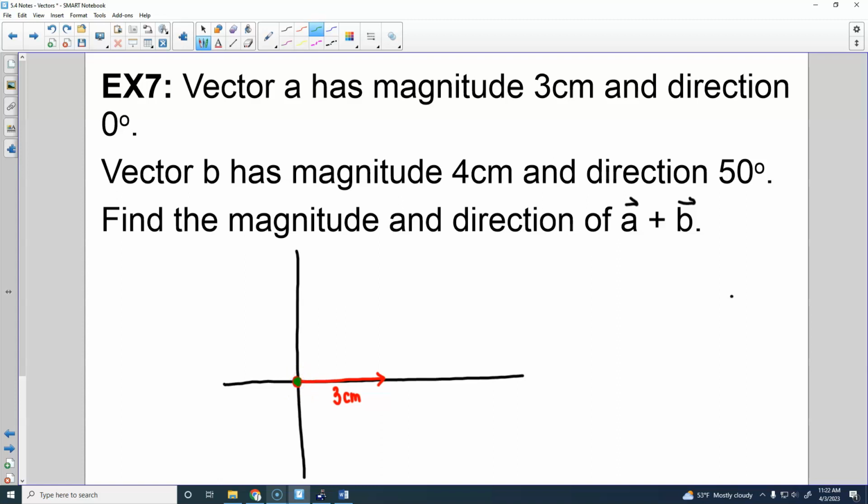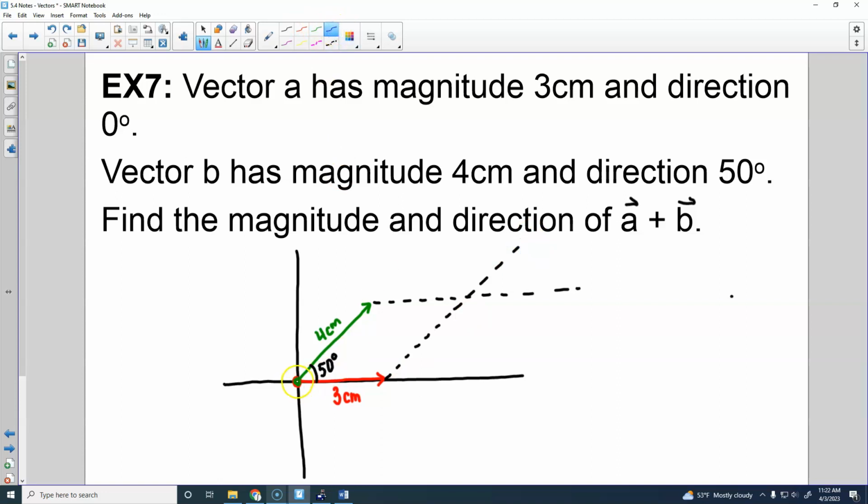So it's going to be a little bit longer. And this angle right here is going to be 50 degrees. So this is not going to create a right triangle because we are going to have to make a parallelogram. So we do that by making lines parallel to the vectors that we have.